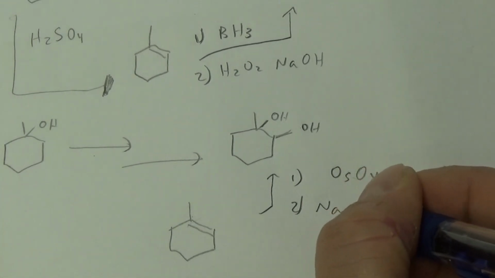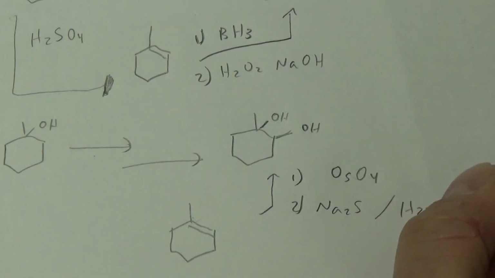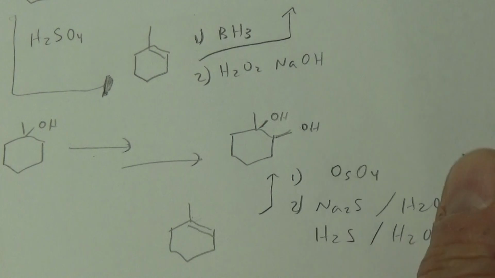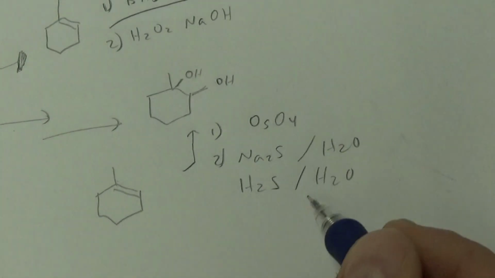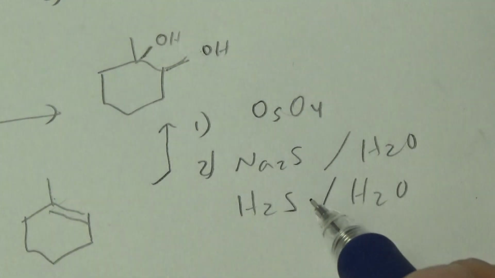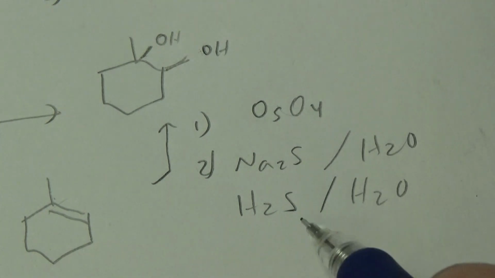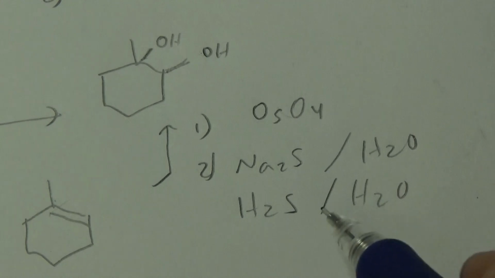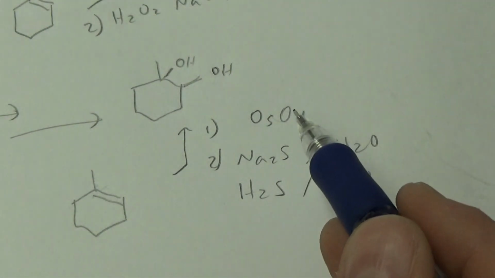And then it's Na2S, H2O, or it could be H2S, H2O. H2S is the same as H2O, except you have a sulfur. And this is 1,000 times stinkier because sulfur reagents stink. But anyway, it's the workup.